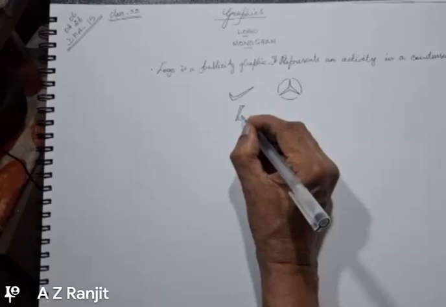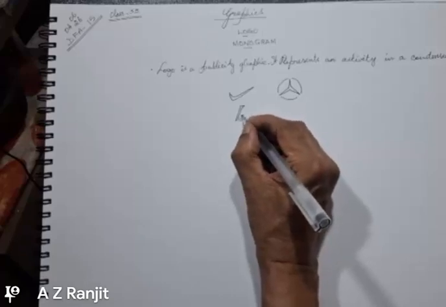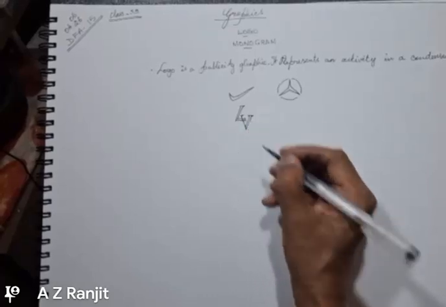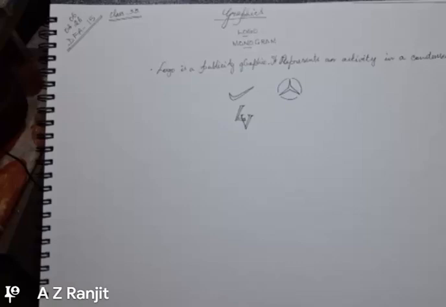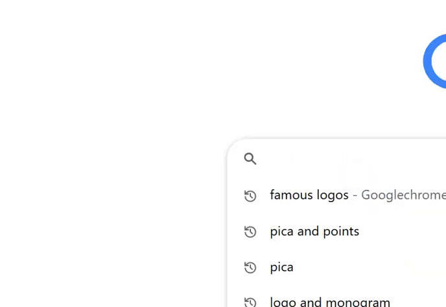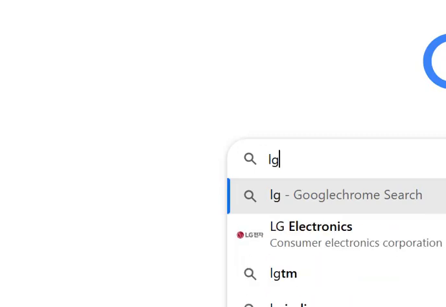How does that come? It comes like this, right? Have you seen this? No? Louis Vuitton.